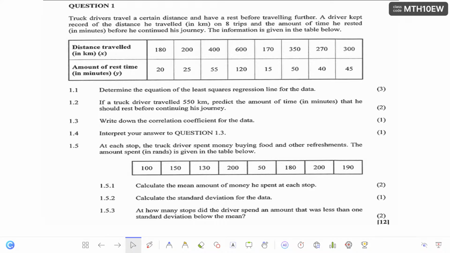Then press AC, then shift 1, then 5, which is Reg. The equation of the least squares regression line is written in this form: y = a + bx. So in our calculator, we need to find the value of a and the value of b.